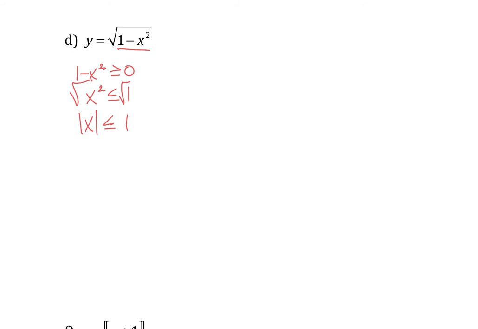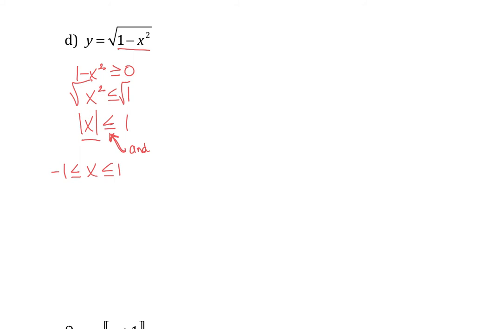Remember, when we are taking away the absolute value, you need to turn this into either an and or an or compound inequality based off of your inequality sign. So when it's less than, it's and. If it was greater than, it would be or. So when you break this up, it's x is less than or equal to 1 and greater than or equal to negative 1.